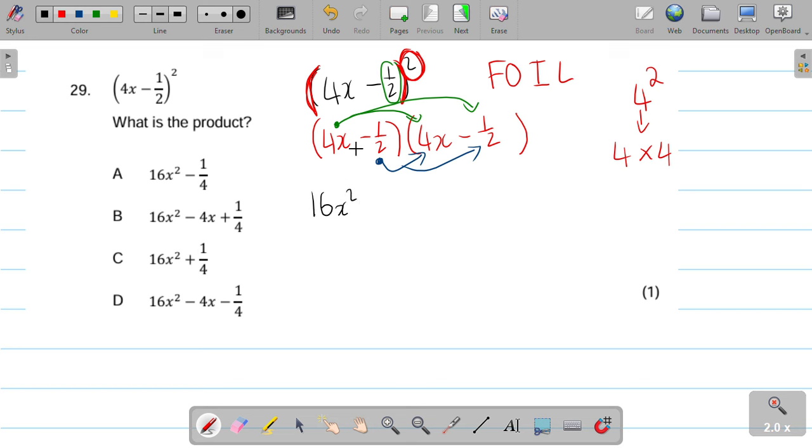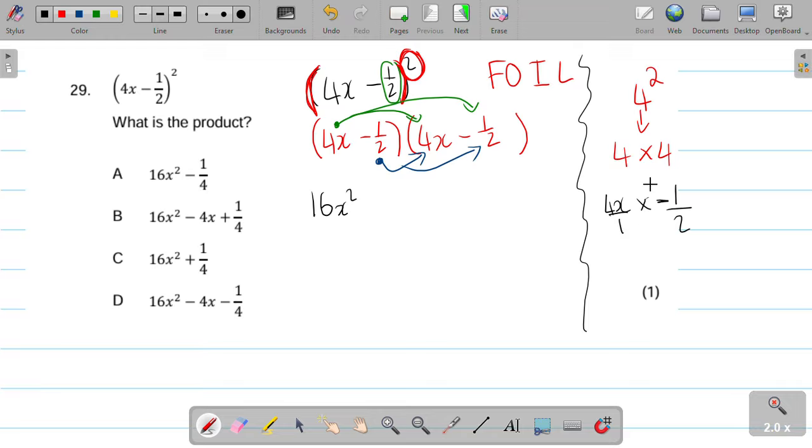Now let's have a look. How do we do 4x times negative a half? So let's just do some notes on the side. 4x multiplied by negative, that's important, negative a half. So what's going to end up happening is, if you remember your butterfly method, remember that's basically over 1.